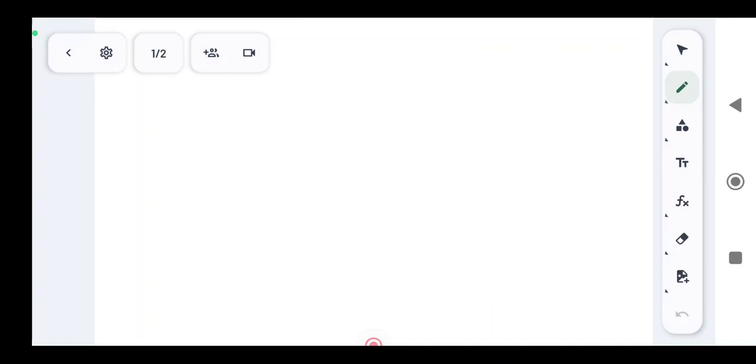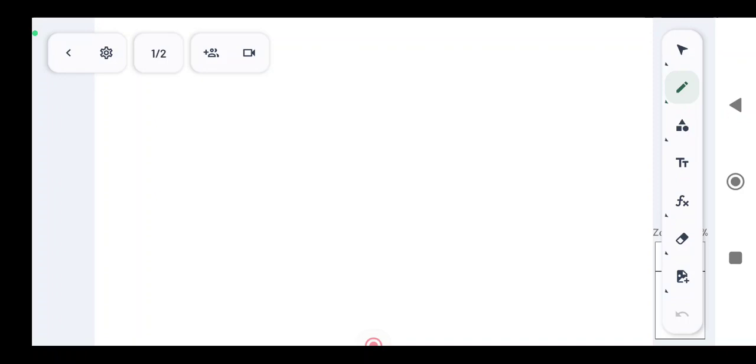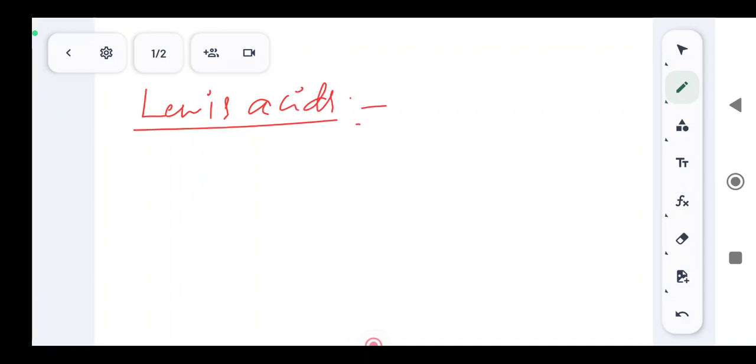Some examples of acids and bases we will see now. Lewis acids: which one is a Lewis acid?